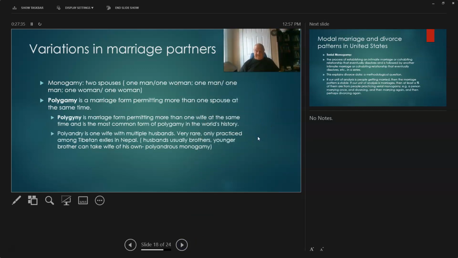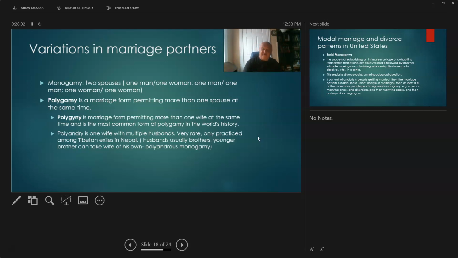Monogamy is two spouses, one man or one woman, or two men or two women, form a union, right? Polygamy is a marriage form, and here we dip into the anthropological literature a bit for comparison, permitting more than one spouse at the same time, and there are two forms of this.